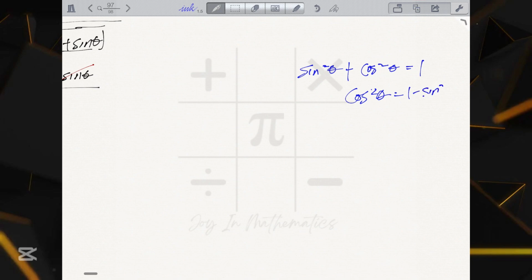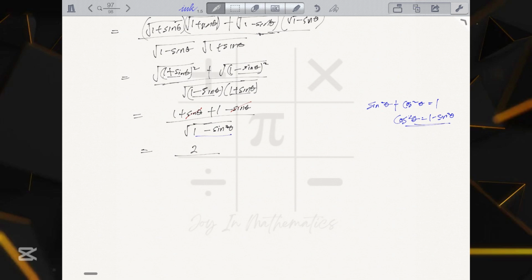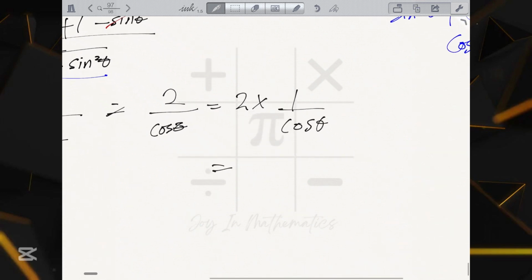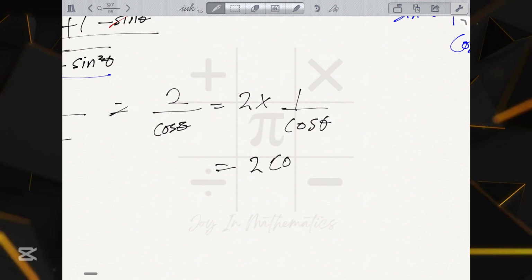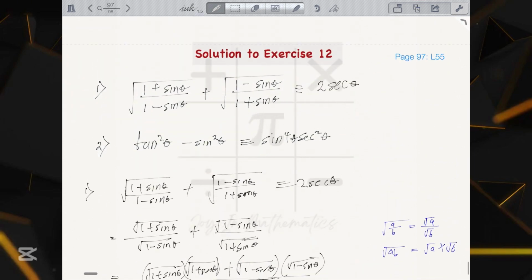Applying this principle, the denominator gives us the square root of cos squared theta, which is equal to cos theta, so we have 2 divided by cos theta, which is 2 multiplied by 1 over cos theta. 1 over cos theta is the reciprocal trigonometric function, equivalent to sec theta. So we have derived 2 sec theta, which is the right hand side.